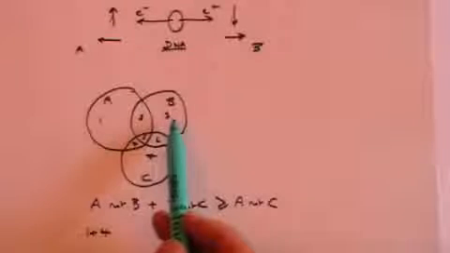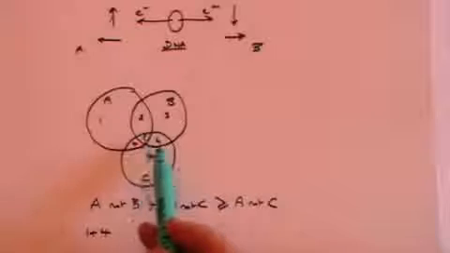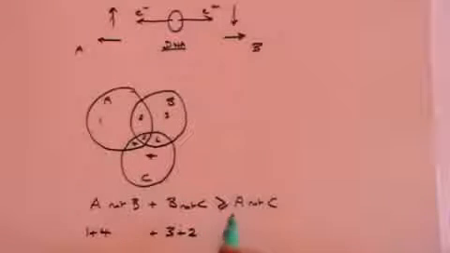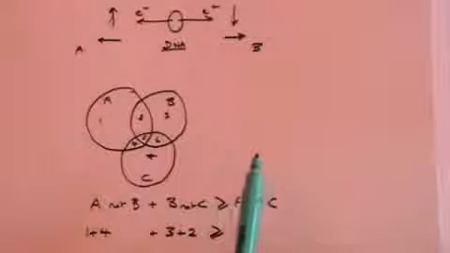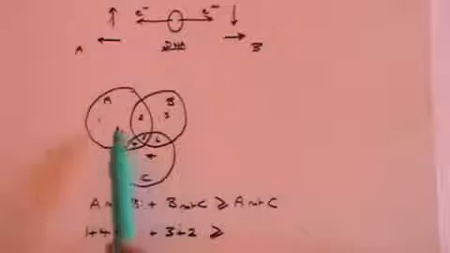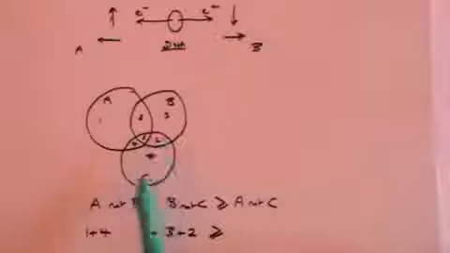Well, B not C is going to be 3 plus 2 because 5 and 6 are part of C. So this is plus 3 plus 2. And that, says Bell, has got to be greater than or equal to A not C. Well, A not C is 1 plus 2 because 4 and 5 are part of C.